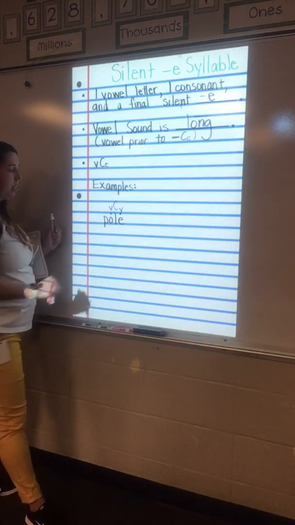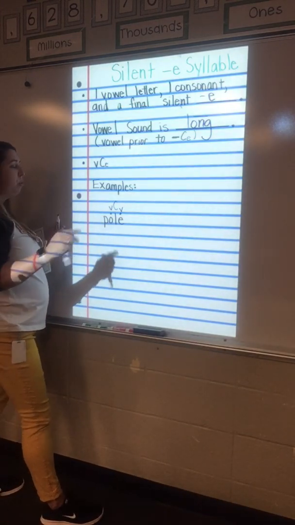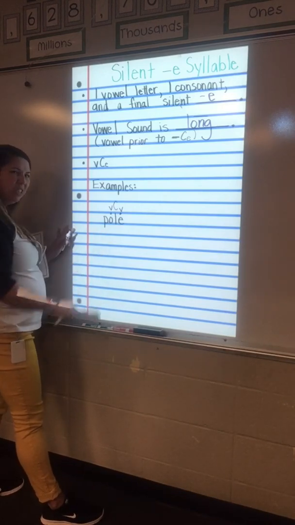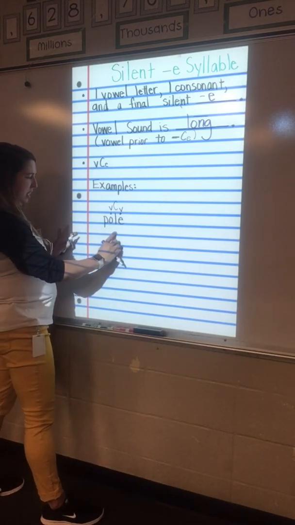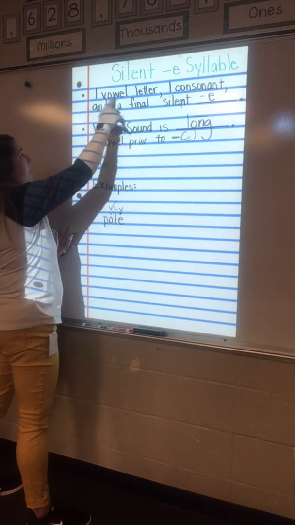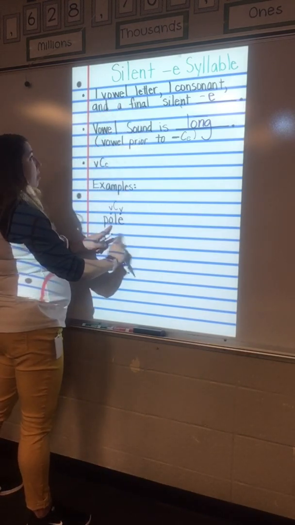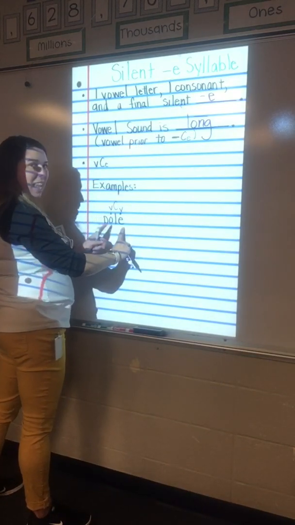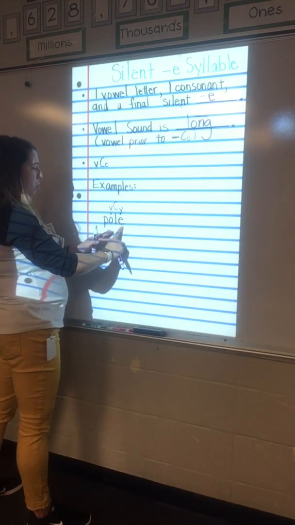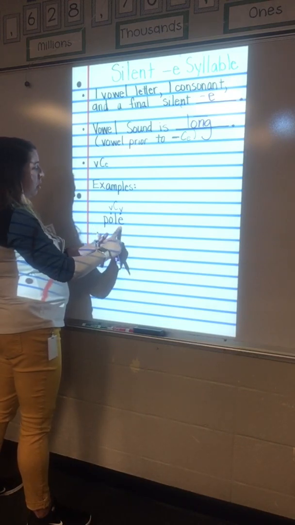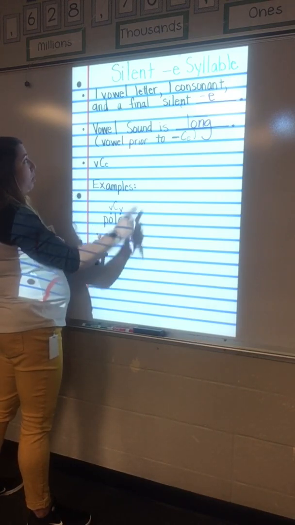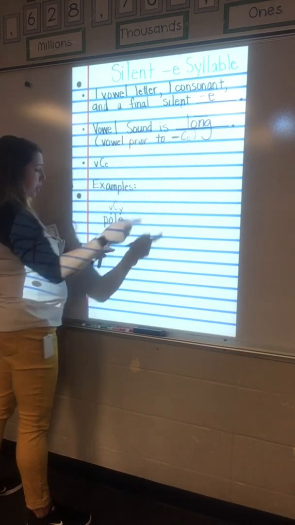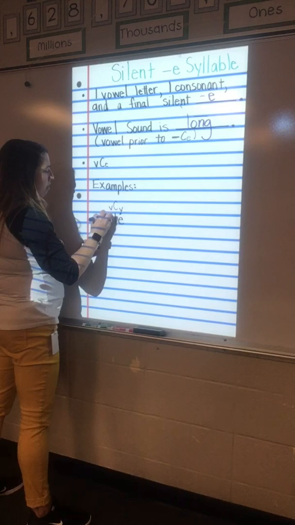But let's see if that helps. Okay, so we're going to look at the word. We're going to sound it out. I'm going to first do it with a short vowel and see if that helps. Actually, should I do that? Because look what I noticed. It says one vowel letter, one consonant letter, and then a final E. That E is at the end. So, is that going to be a short vowel or long? Well, let's read our second clue. Vowel sound is long. So they're saying that this should say a long vowel sound.